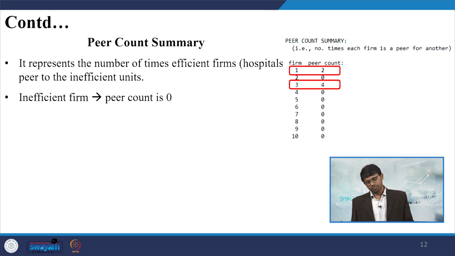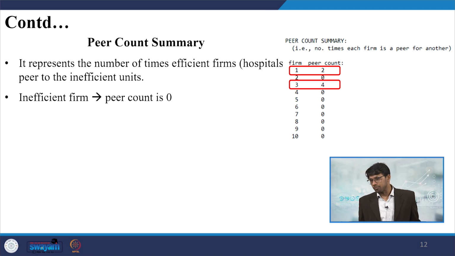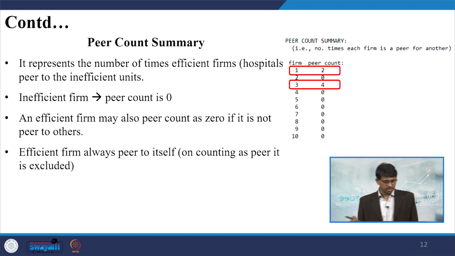Similarly, okay, firm 3 is considered 4 times. So, 4 firms actually considered H3 as their peer, whereas others are considered 0 because they do not have any competition, or they do not have peer count. An efficient firm may also have peer count 0 if it is not a peer to others.